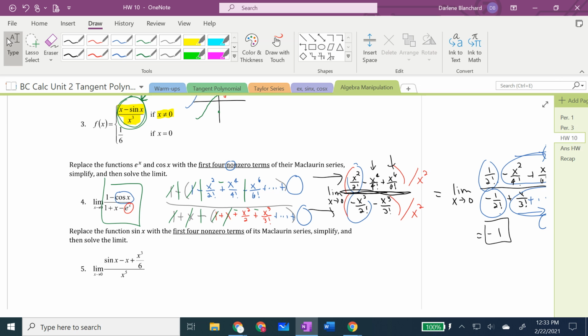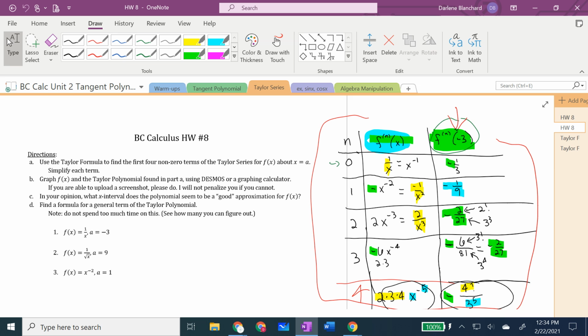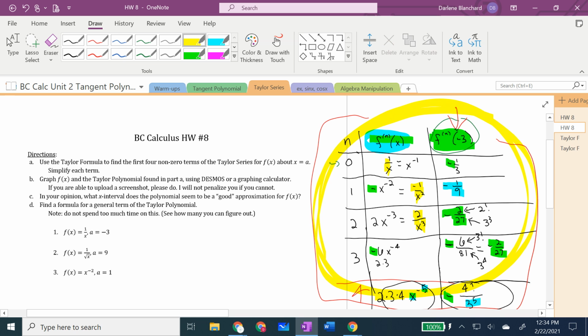You're going to see problems like from homework number 8, anything like 1 through 3. And I need to see that you do this table. You take all the derivatives with respect to x. I need to see them. You take all of those and plug the center in.